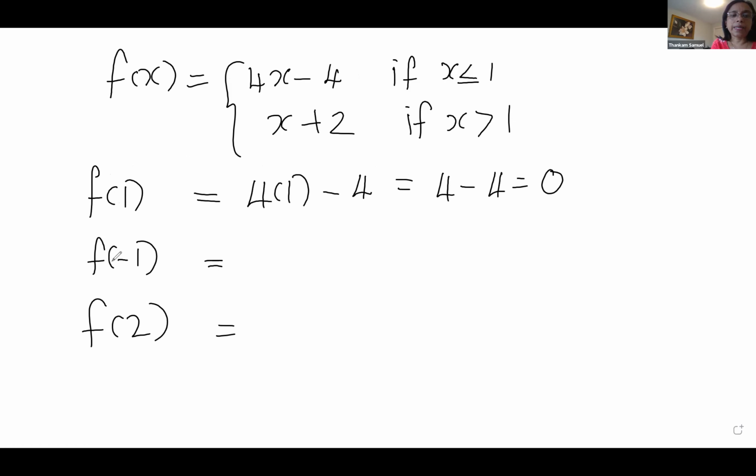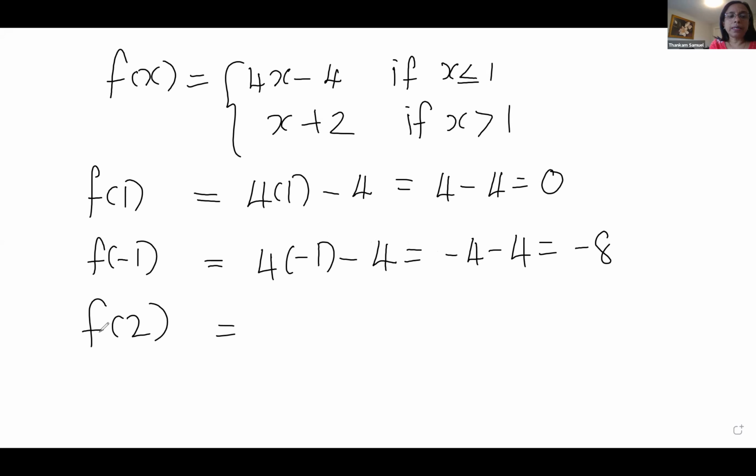To find f of negative 1, we can see that negative 1 is also in this range. So consider the first function, replace x by negative 1. So 4 times negative 1 minus 4, that is negative 4 minus 4, that is negative 8.